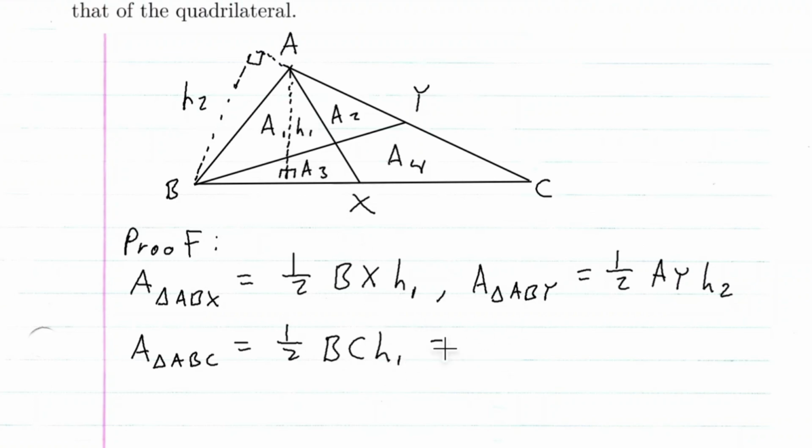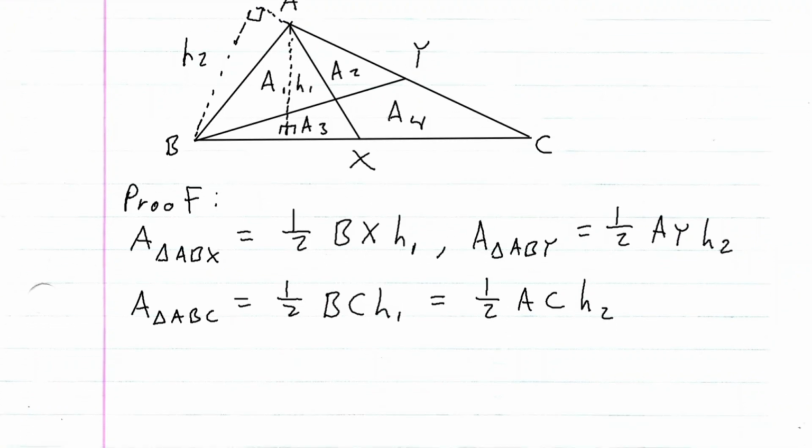And it is also equal to 1/2 AC times H2. That's just looking at the area of the triangle from two different perspectives. So 1/2 BC times H1 is equal to 1/2 AC times H2.